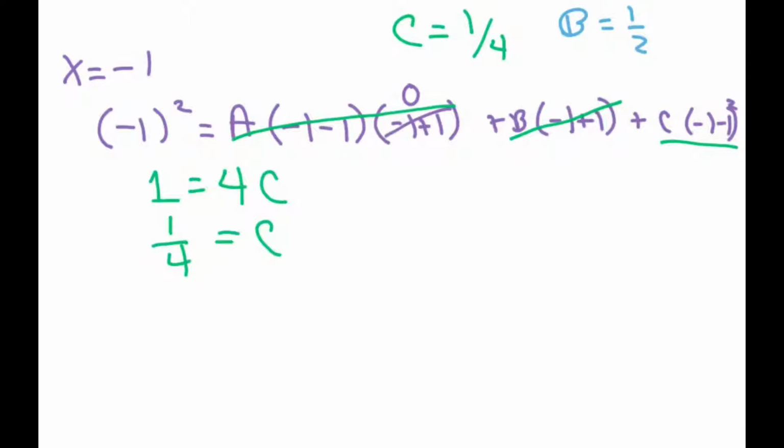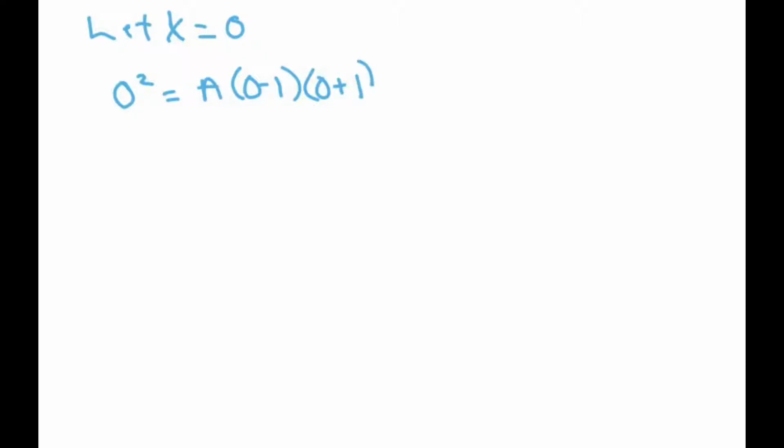Now we only have to find A. So we're going to go ahead and let x equal 0. And when you do that, you're going to get 0 squared equals A times 0 minus 1 times 0 plus 1.